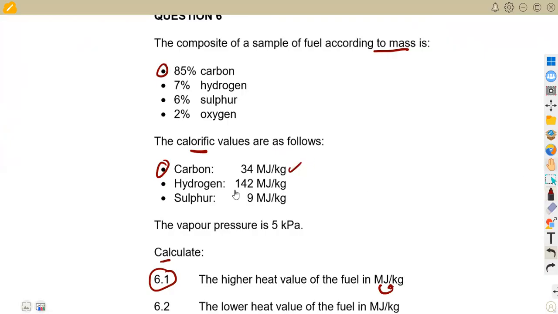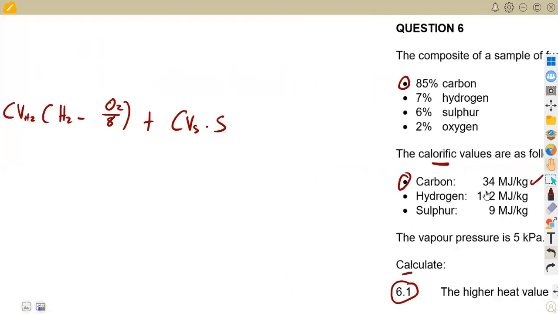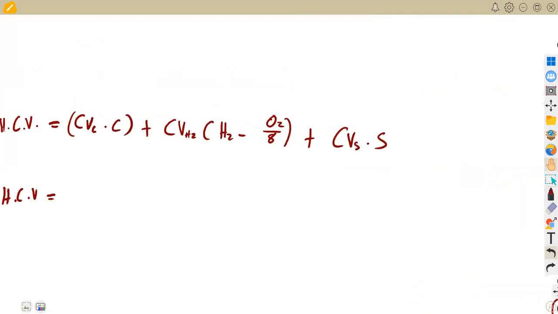So in this case for carbon, that's 34 megajoules times the percentage of carbon. So we are going to have 34 times the percentage of carbon, which is 85%, that's 0.85. All right, sorry for that.